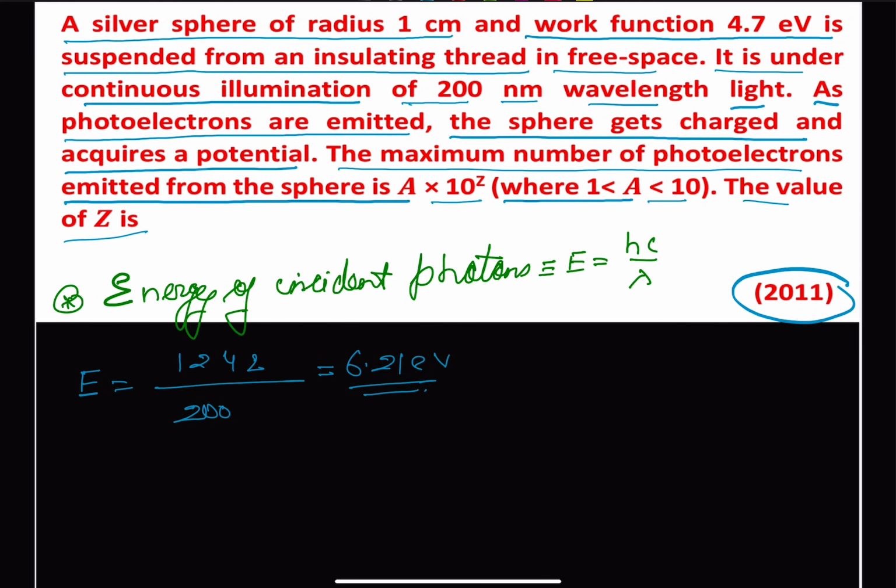And this is initial, because due to loss of the electron, it is going to become more and more negative charge. So obviously its electric potential is going to increase, and eventually after some time the photo emission is going to stop. We can find out that value also.